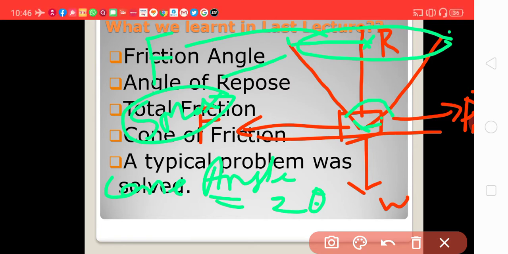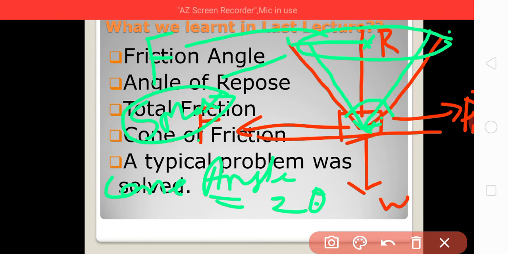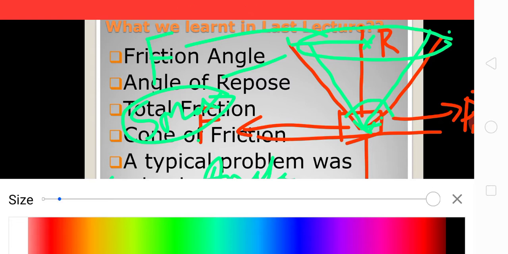As the normal reaction increases, the frictional force will also increase correspondingly, because frictional force is the product of coefficient of friction and normal reaction. And as long as this normal reaction is such that the total reaction always lies within the cone, like this.